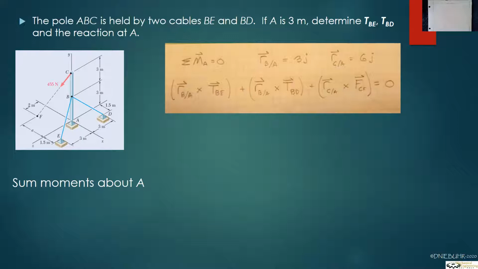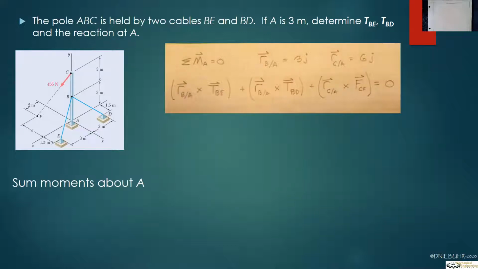You could go from A to E and A to D, but then you'd have to do two separate R cross equations. So you can just pick the common point of B. A to B is just 3 in the Y direction, or 3j, and A to C is 6j.